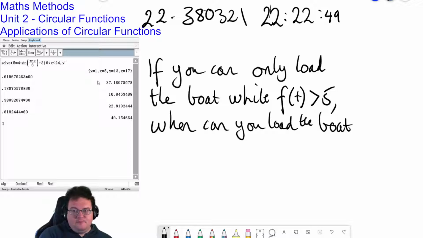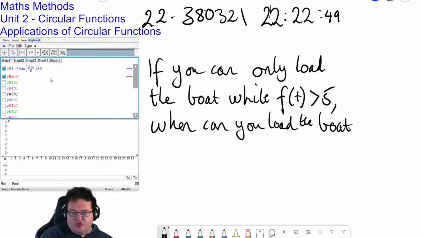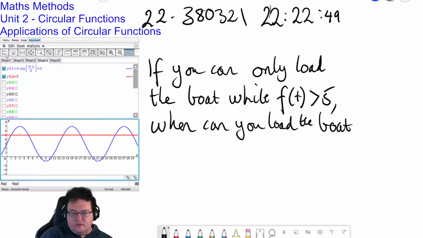Convenient. My idea to put 5 in there, and look, we've got here 1, 5, 13, and 17. I'll just go back and check the graph, and we do analysis, G-Solve, intersection. Oh, look at that.